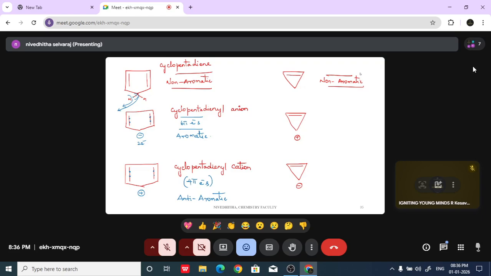Cyclopropene. Yes. So the compound is cyclic, so we should have the prefix cyclo. Since I have 3 carbons, it is prop, and we have one double bond, so it is ene. So cyclopropene, that's it. So the compound is non-aromatic. How about the second one? The name and whether it is aromatic, non-aromatic, or anti-aromatic.